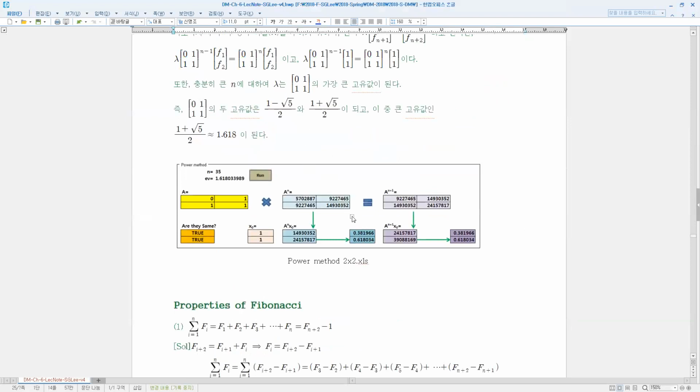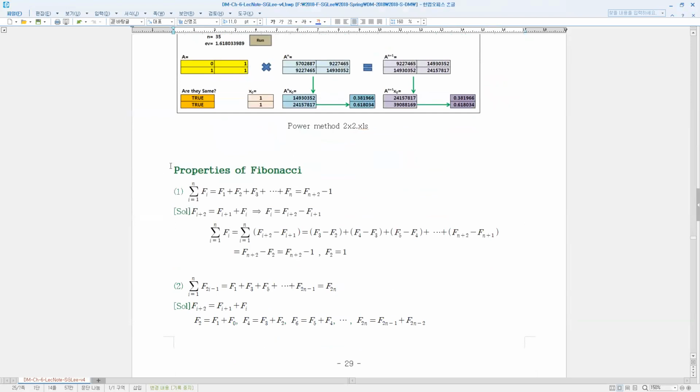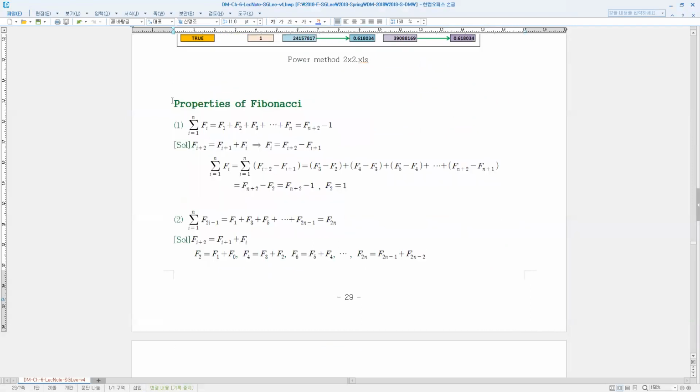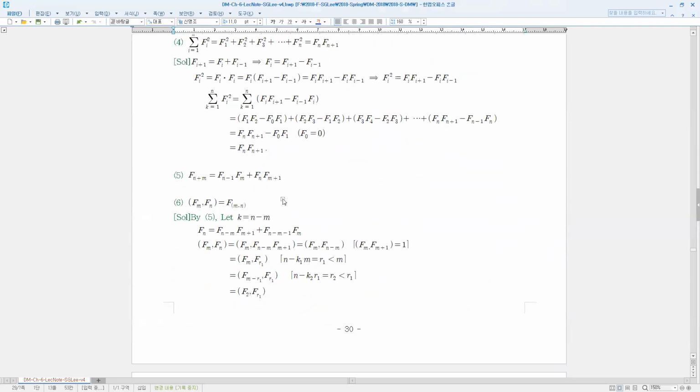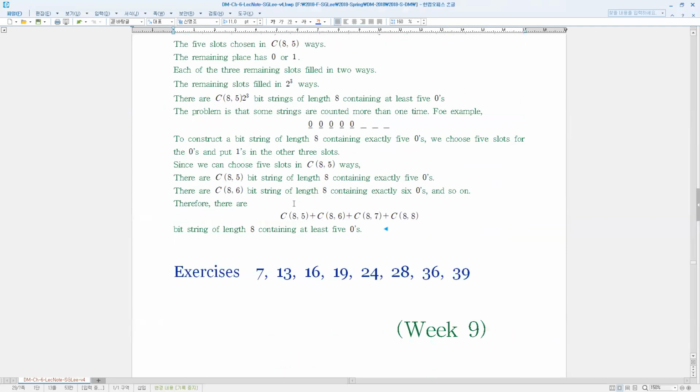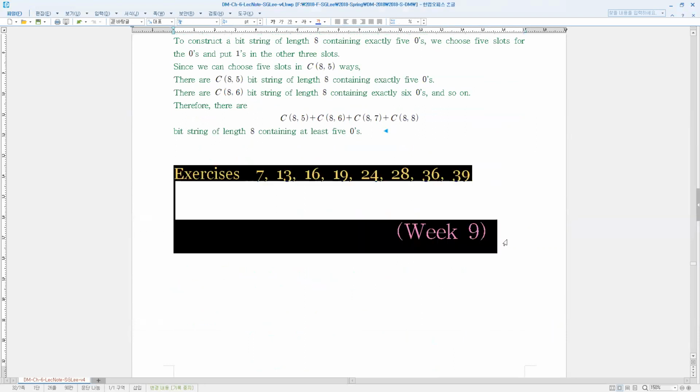This Excel file also shows the Fibonacci sequence, and there are equalities that come from it. I will write them down as properties of Fibonacci numbers, which has many interesting equalities. This is optional. These are exercises that you are supposed to do. I expect team one will do these homeworks.